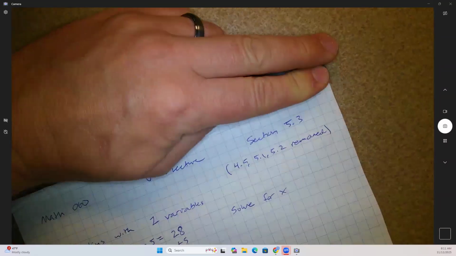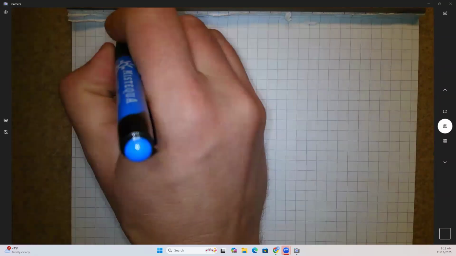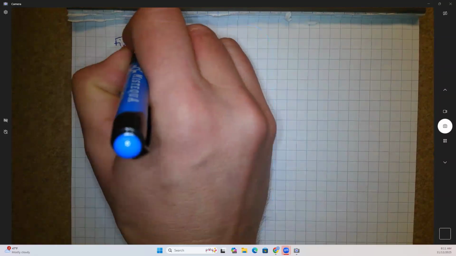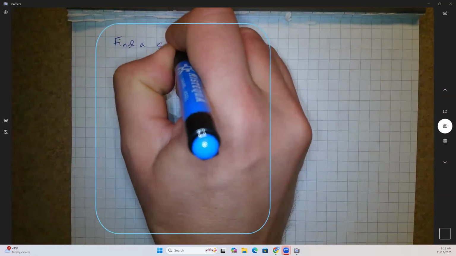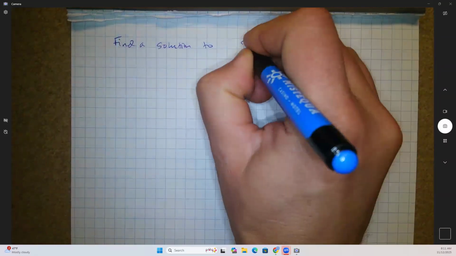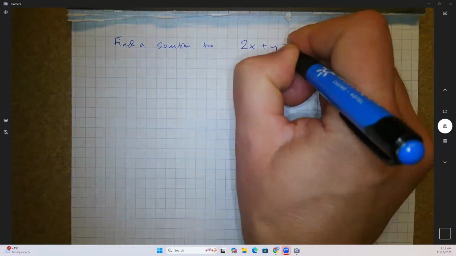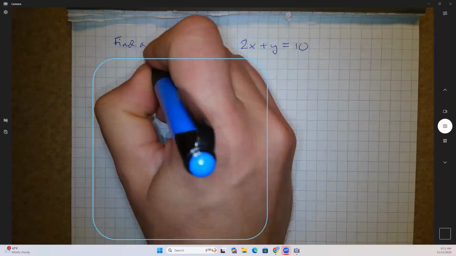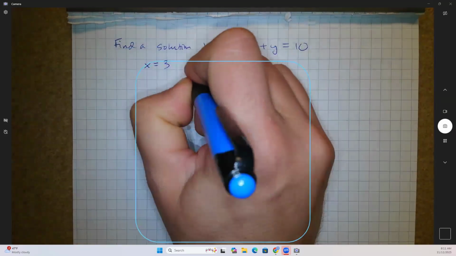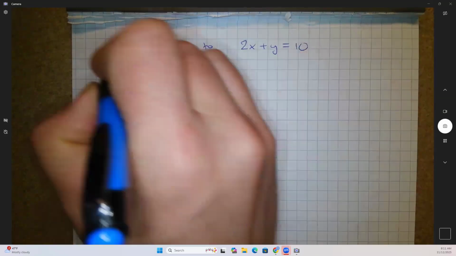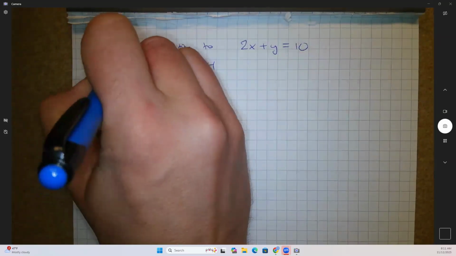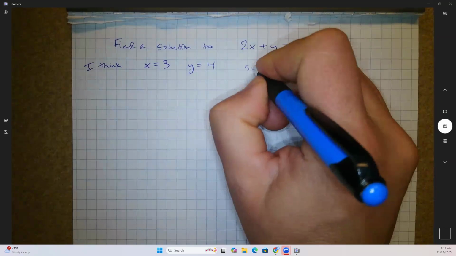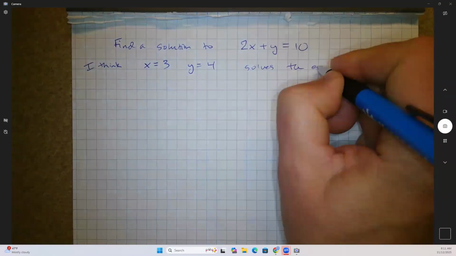So let's find a pair of values that solves, find a solution to that equation 2x plus y equals 10. I think that x equals 3 and y equals 4 solves the equation.